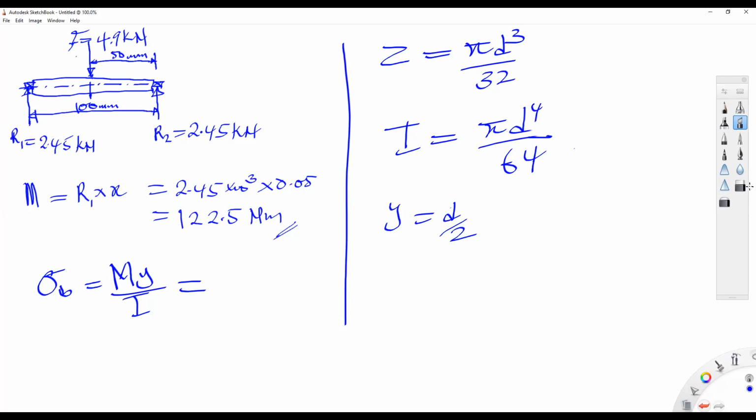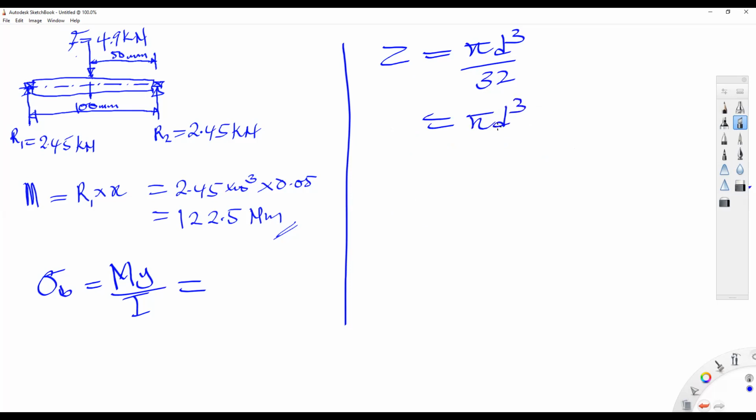Okay, so with that understanding, let's use the section modulus, which will be equal to pi d cubed on 32. So this equation becomes M divided by the section modulus.